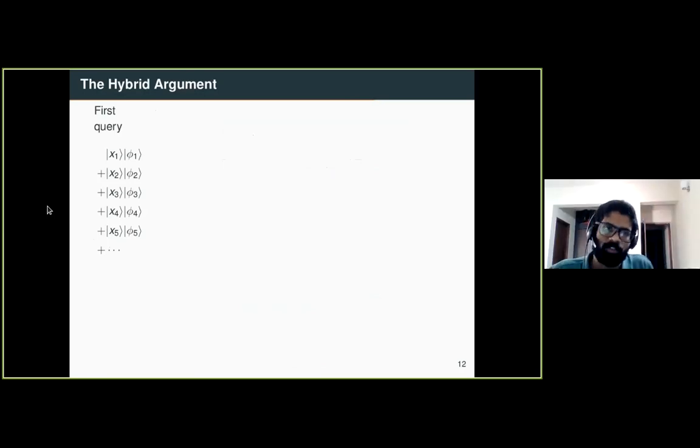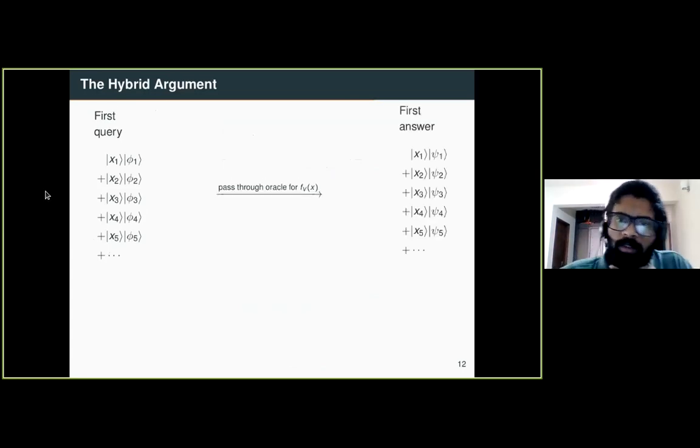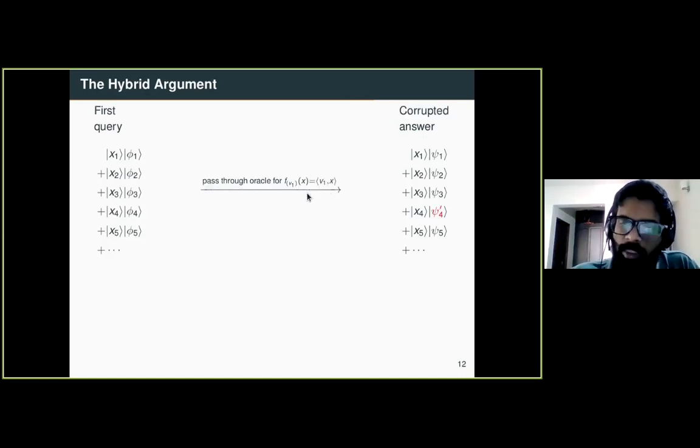All right. Sure. So the way it works in the hybrid argument is you can create your first query, which might cover many points, and you pass it through the oracle and you get your answer. So what you do over here is you replace this oracle with a limited information oracle. This oracle only has access to the point v1. And we've already argued that v1 inner product x is most likely the value of f itself.